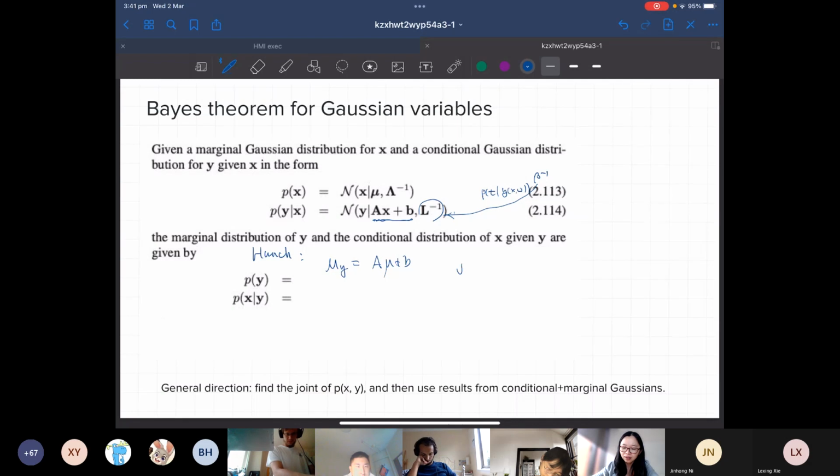And then sigma square of Y, well, as we said, these are all Gaussians. They should involve both precision parameters in some way.